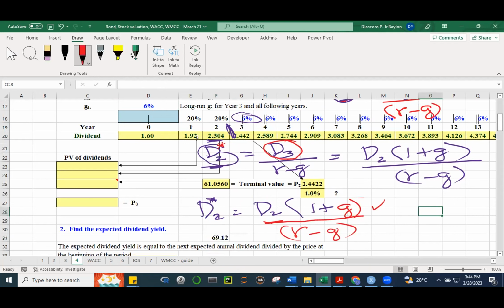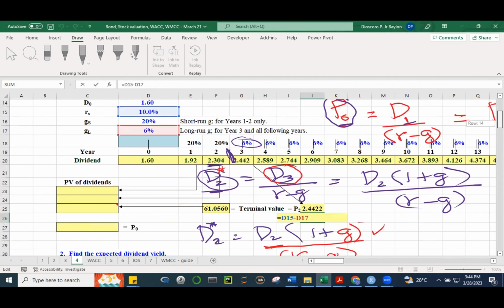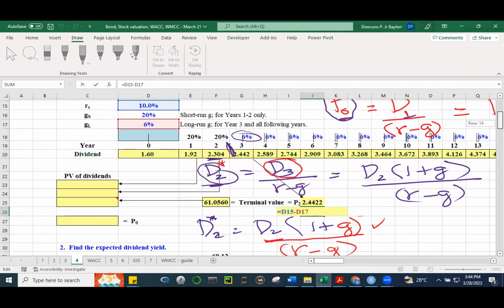Ay, tama ba yung F20 ko? Okay. Dito kasi class, kinuha natin yung dividend year 3 divided by R sub S. May mali yata ako dito. Tama, R sub S, D15 minus D17.